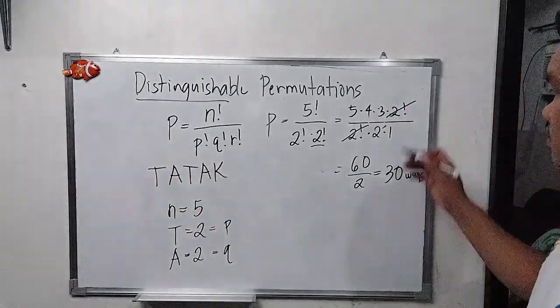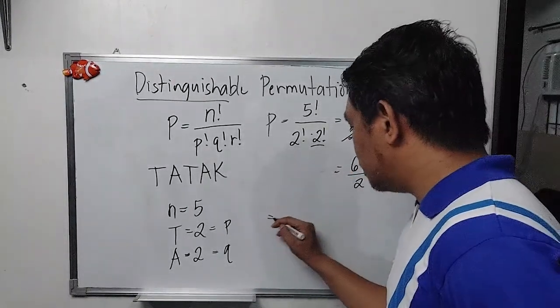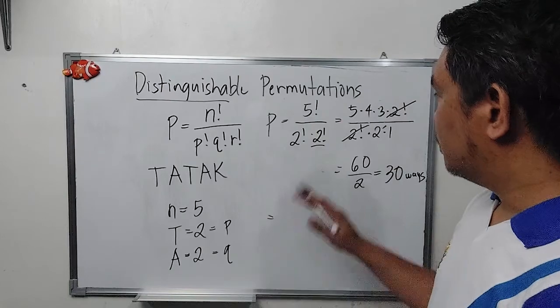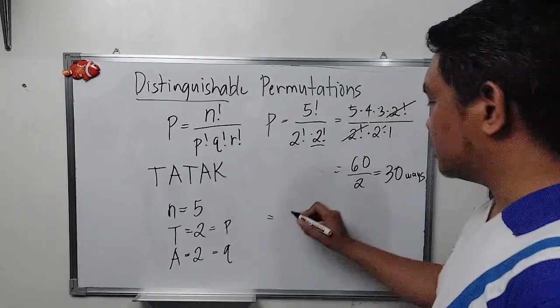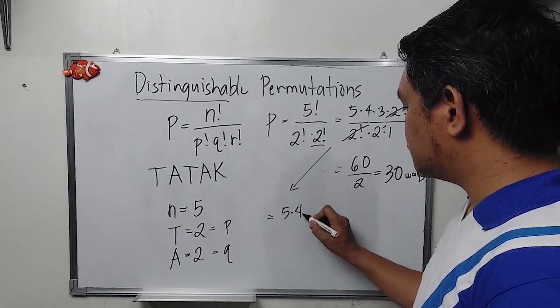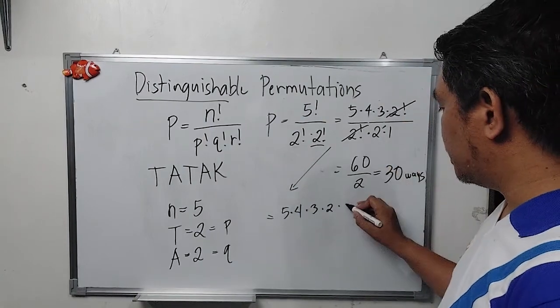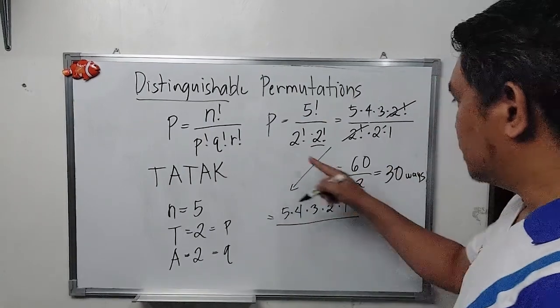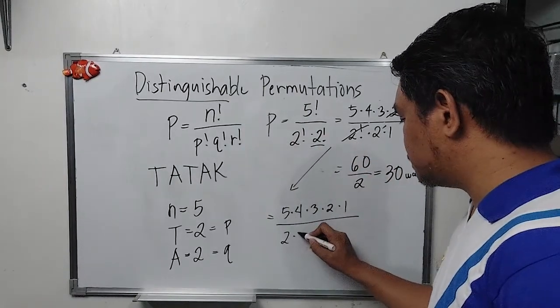Or kung ayaw nyo mag-cancel, gumamit na lang kayo ng calculator. Or expand nyo na lang lahat. So, pwede rin dito. You have 5 times 4 times 3 times 2. So, instead of factorial, gawin times 1. Tapos ito, expand nyo rin. So, instead na ganito, gawin yung 2 times 1.